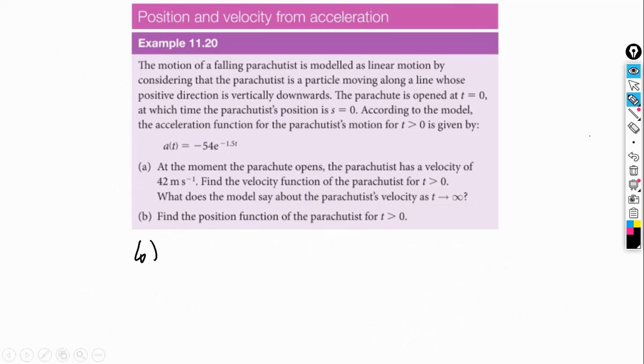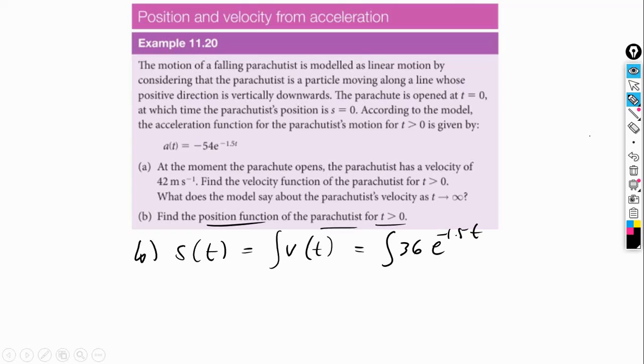So for part B, it says, find the position function of the parachutist for t greater than 0. So the position function is equal to the integration of the velocity function. In other words, we would have to integrate what we just found. So we have to integrate 36 times e to the power of minus 1.5t plus 6.